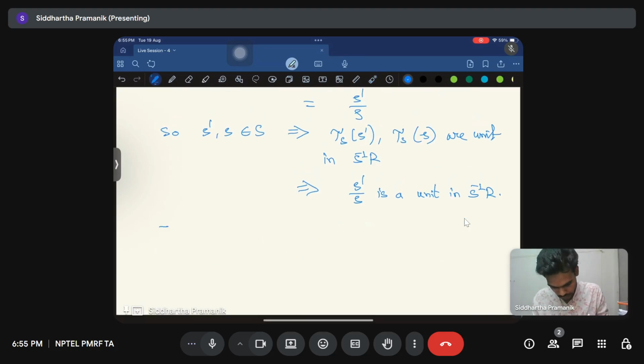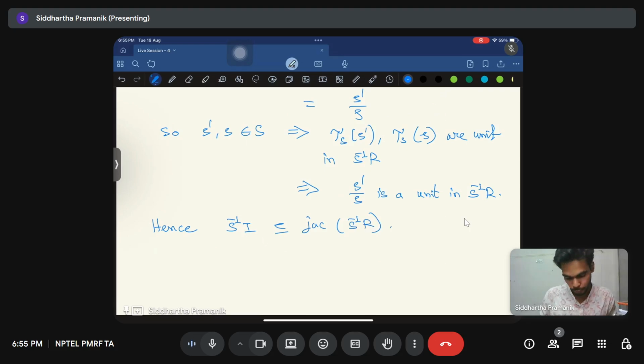So this implies S inverse I is a subset of the Jacobson radical of S inverse R. So that is what we wanted to prove.